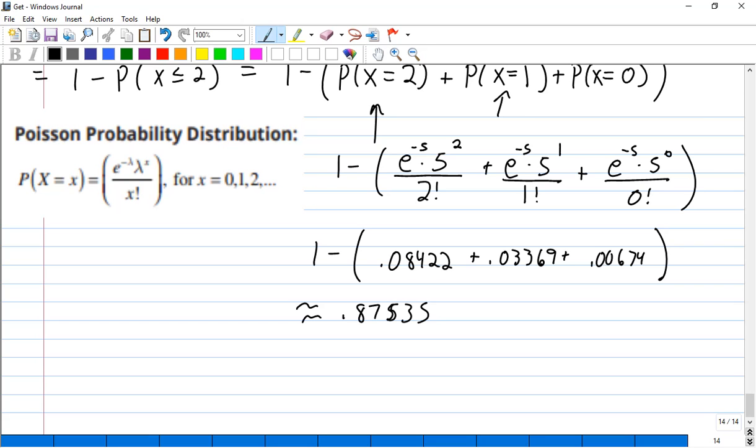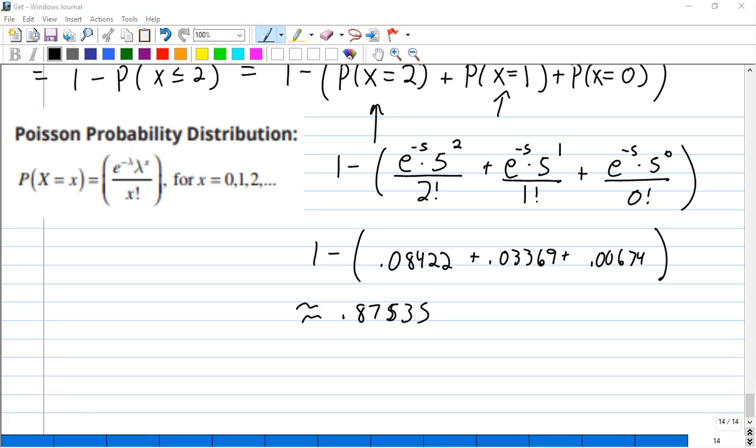So what does this actually mean? That's the main thing, that we understand what we're doing and what it actually means. So I don't care, I just want the answer. Well, it makes a little more sense if we can think about it in a real world situation. The problem was, what is the probability that in a 15-minute period at least 3 people will use the automated teller machines?